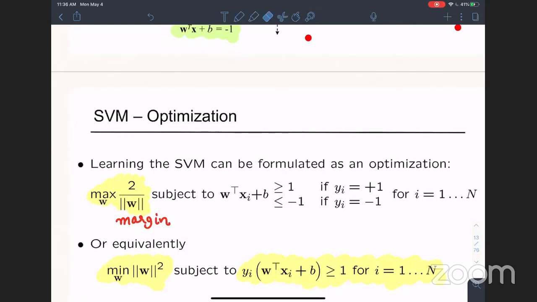So we have to maximize the margin subject to points getting correctly classified. What is your constraint? Your constraint is that maximizing the margin and the gap around the LOC is good as long as your civilians are safe. That means you have the correct civilians on the correct side of the boundary, right?